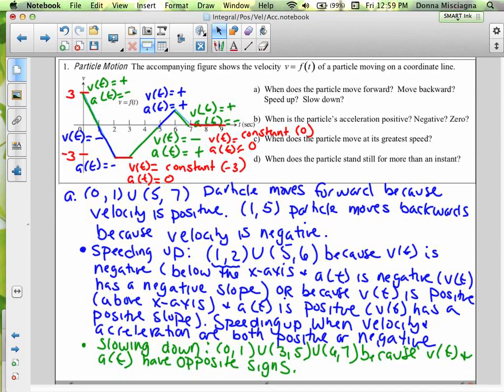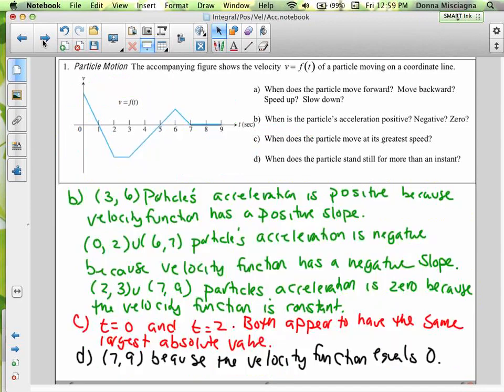All right, so hopefully this has made this graph a little clearer for you, and you understand how to interpret speeding up and slowing down from our velocity curves. And then here are the answers to the other questions. It looked a little crowded on my podcast, so here I was smart enough to use 2 pages.